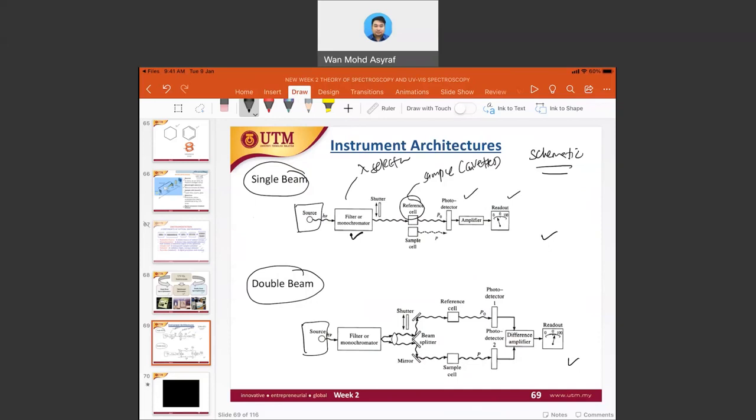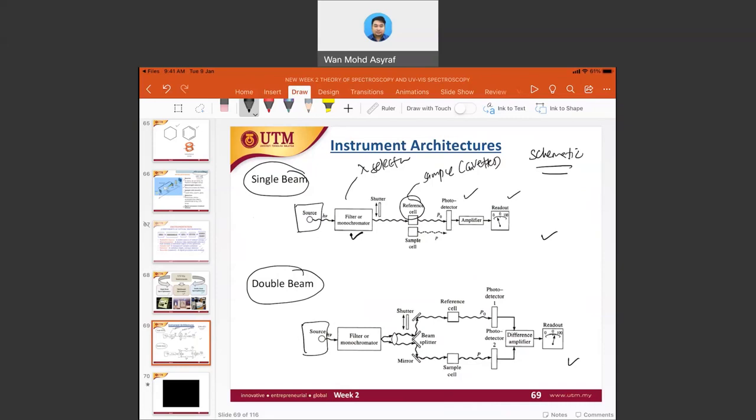Okay, so basically, for a single beam, you need to do your reference cell as well as your sample cell at a different time. So basically, you need to do your reference cell first, which is the measurement of a reference cell, for you to know the background noise, the background of the instrument. So then, whenever you put your sample cell in, that sample cell spectrum is deducted by the reference cell spectrum, then you will get the corrected sample spectrum.